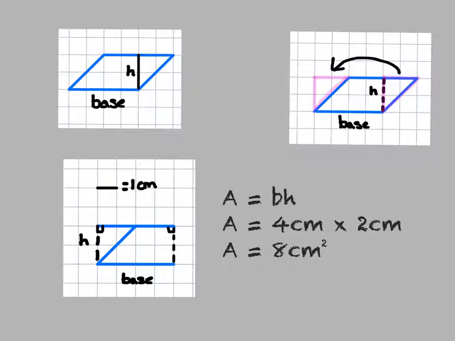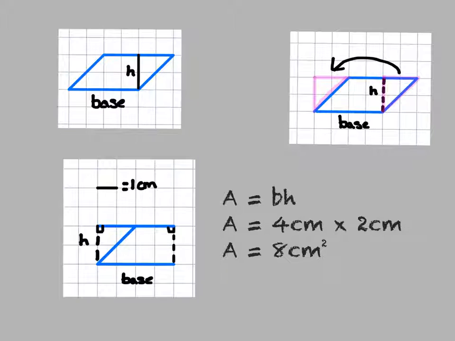So our base is 1, 2, 3, 4. 4 centimeters. And our height is 1, 2. So 2 centimeters. Now remember, we are multiplying a one dimension by another one dimension, giving us a two-dimensional object.